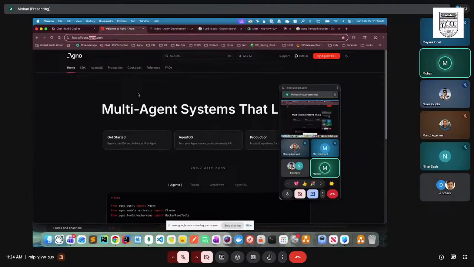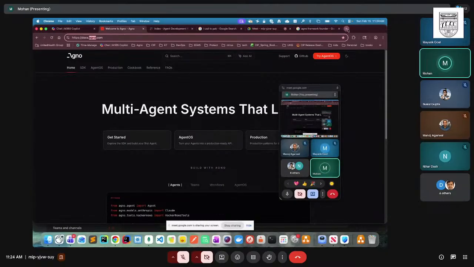Either Microsoft, Google, or OpenAI build their own model, expose their own API, and now we need to build the framework. So they are promoting their own frameworks, like Google is promoting Google ADK.